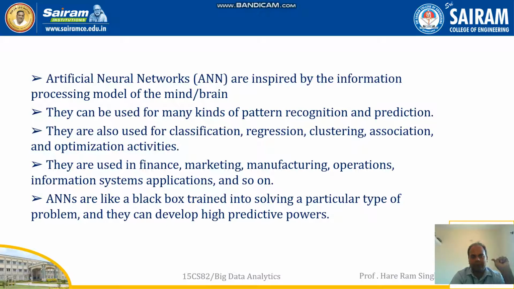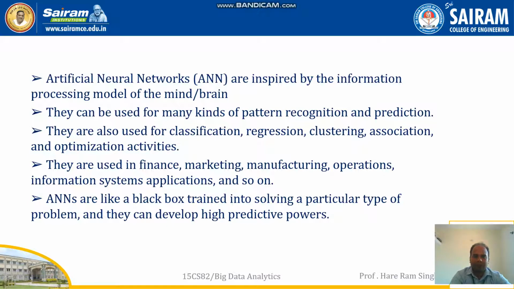So based on that only, this artificial neural network is also developed. So it is inspired by information processing model of the mind or brain. They can be used for many kinds of pattern recognition and prediction.